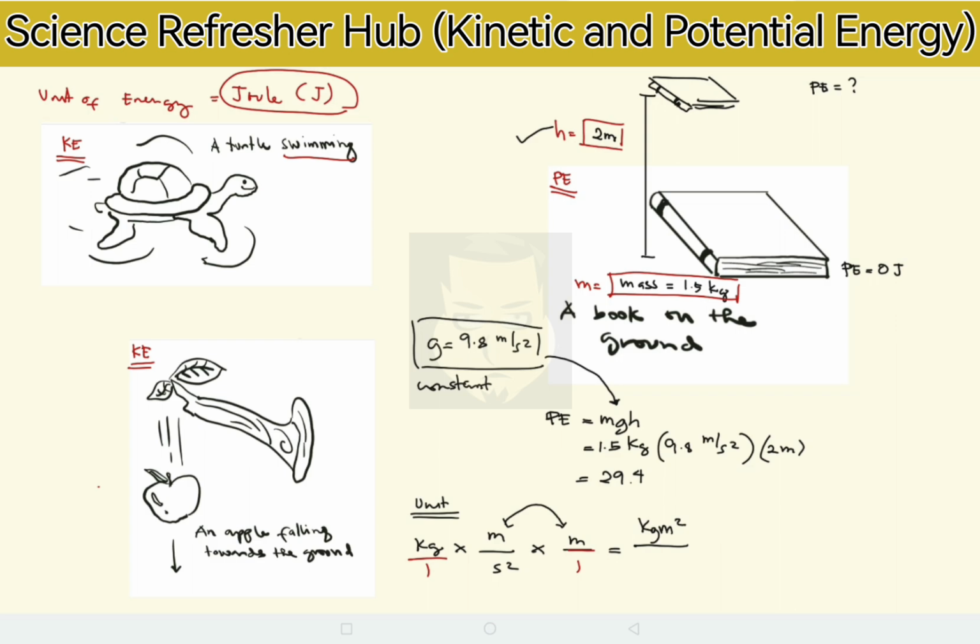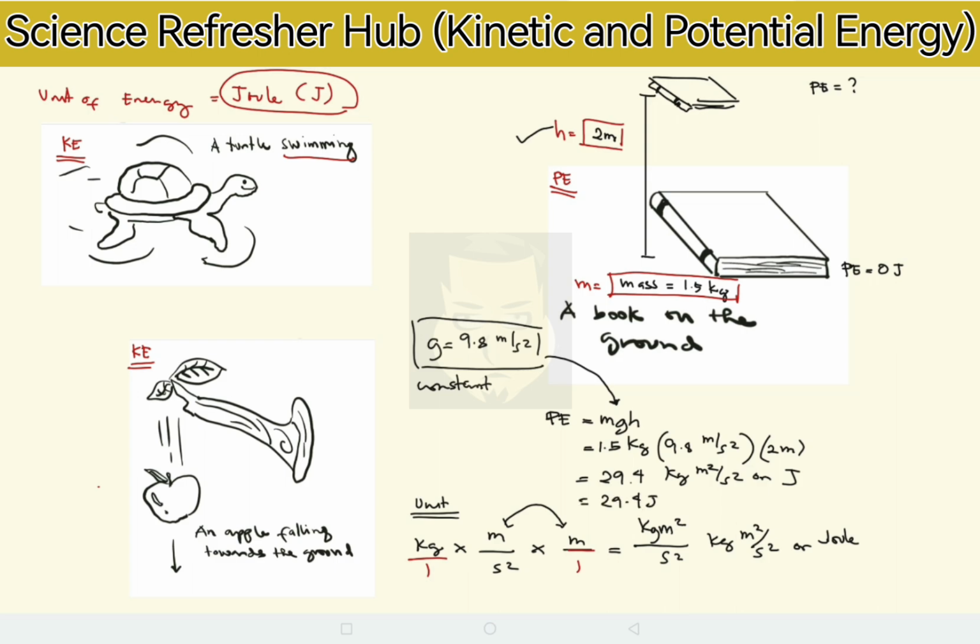And then you can have second squared here. Or we can simplify this as kilogram meter squared per second squared. Or that's 1 joule. So the answer, you can have kilogram meter squared per second squared, or you can have joule, or 29.4 joule.